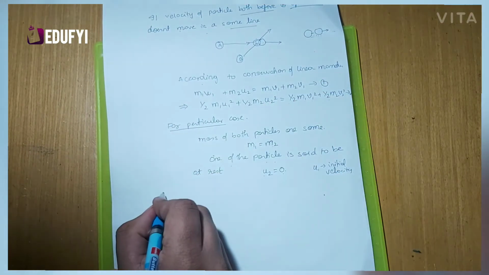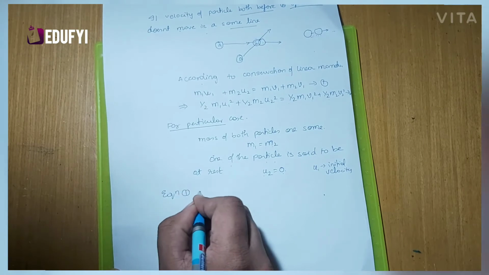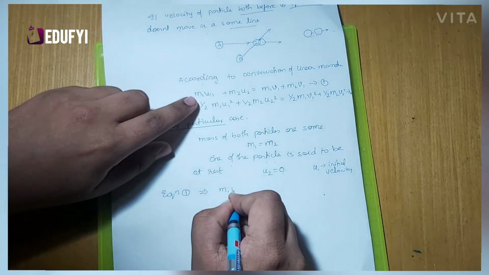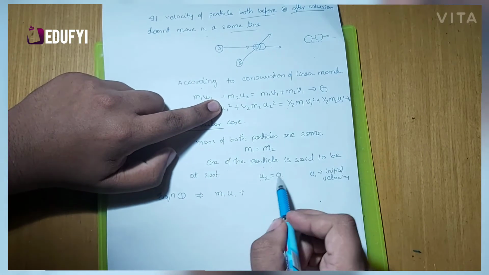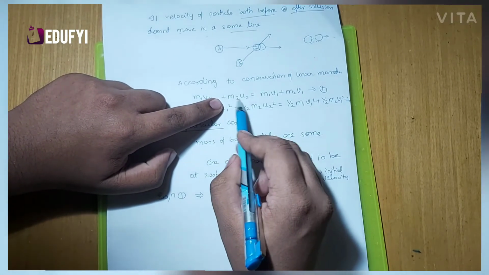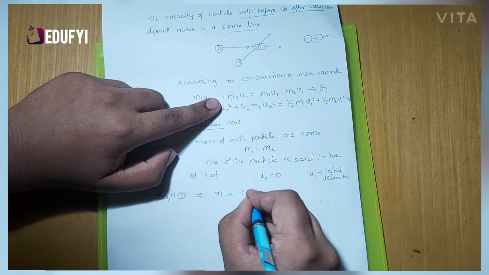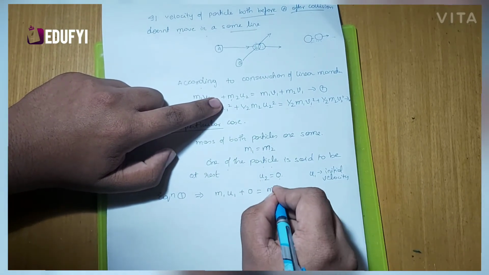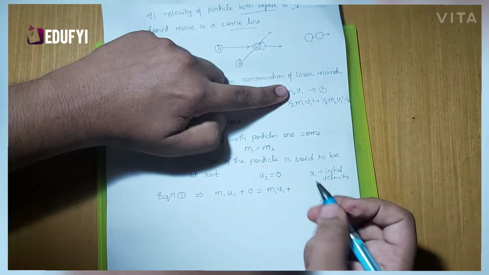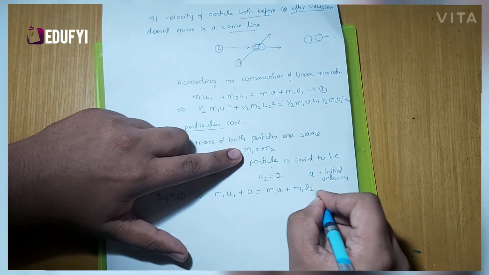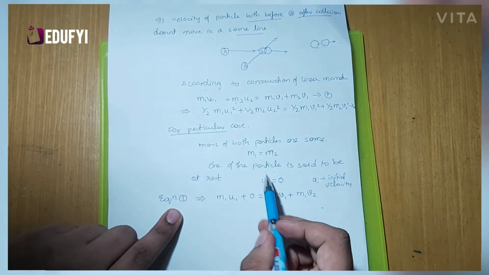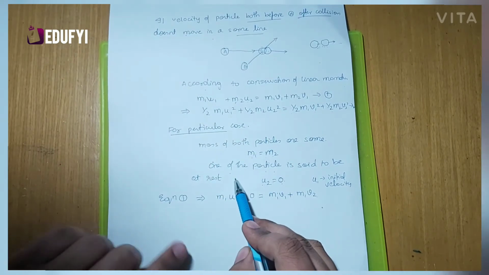So equation 1 becomes m1u1 plus m2u2. Your u2 is 0, so anything multiplied with 0 is 0, so it becomes m1u1 is equal to m1v1 plus m2v2, and m2 is the same as m1, so m1v2. This is equation 1 after applying the particular case.